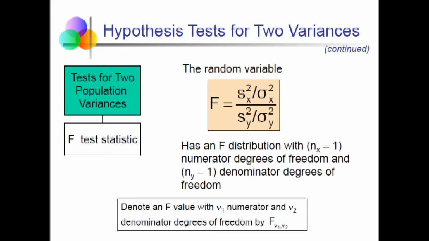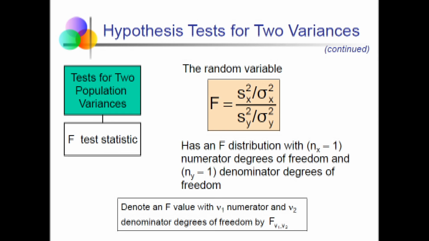Now in the F distribution, we have two degrees of freedom: the numerator degrees of freedom and the denominator degrees of freedom. The numerator degrees of freedom is obtained by nx minus 1, which is the sample size from the first population.